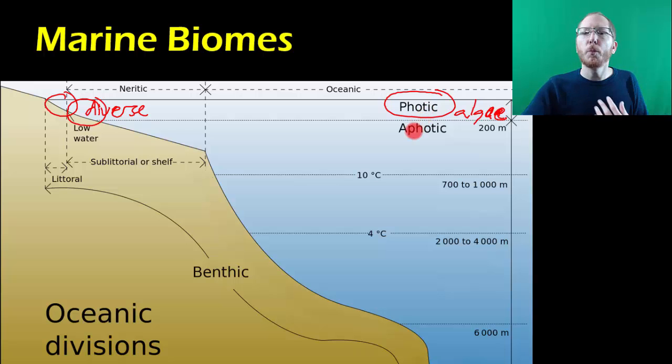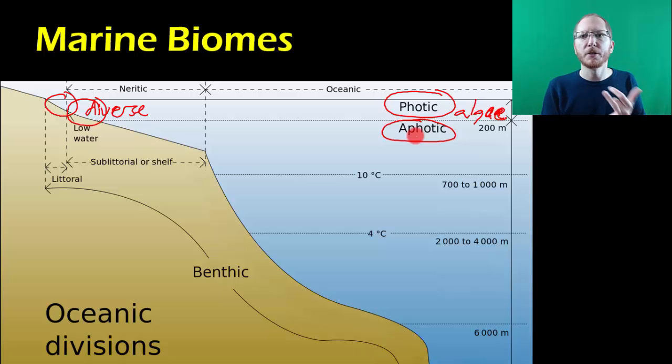And then as we go down, we start to get darker and colder. So we get into the aphotic zone, where there still might be some light, but it's not enough for photosynthesis. So maybe you can see okay, although as you get deeper and deeper, vision's going to get worse and worse, but you're not going to have a very strong food web in the sense that the autotrophs are not really going to be there.